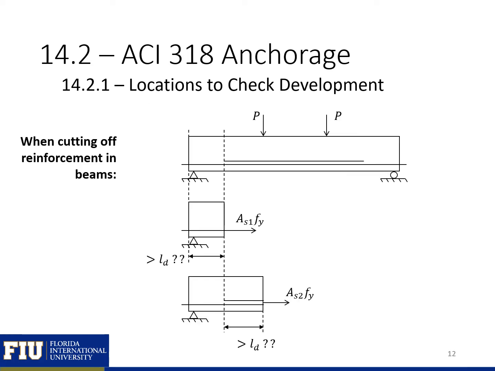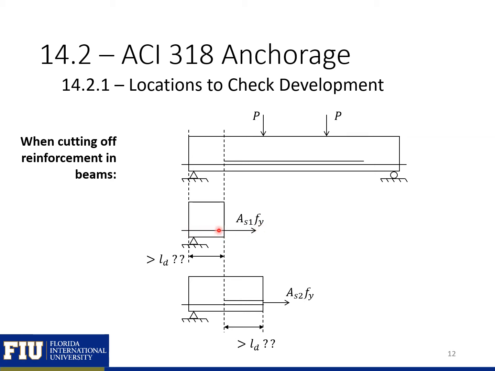Another common example of a place where we need to check our development is when we're cutting off reinforcement in other beams. Often we'll cut off our reinforcement before the end of a beam to try to decrease the amount of reinforcement in the beam. But if we cut it off, we need to make sure that we have a sufficient development length. So when we cut it off here, we may be depending on the development of the bar that we didn't cut off to develop yield.